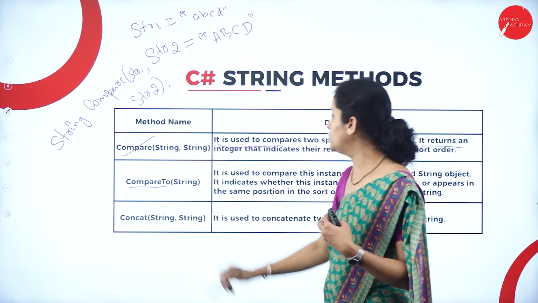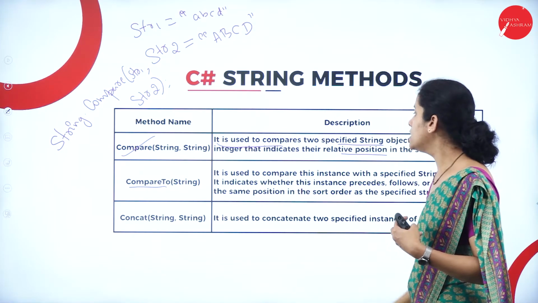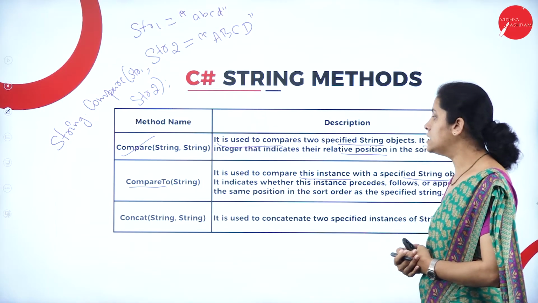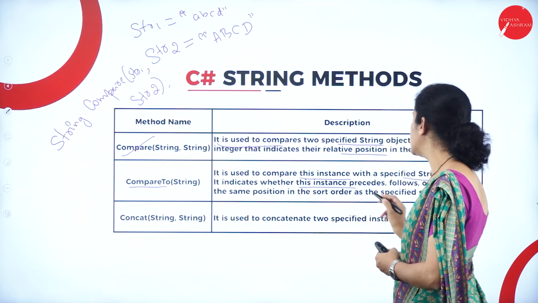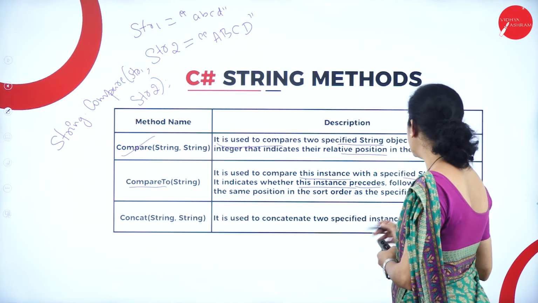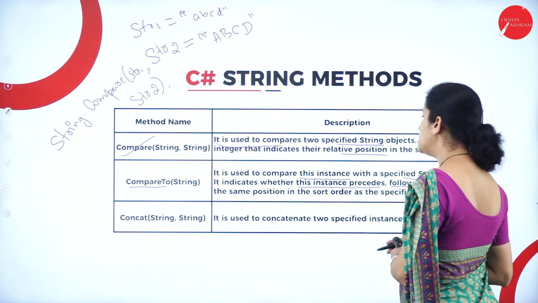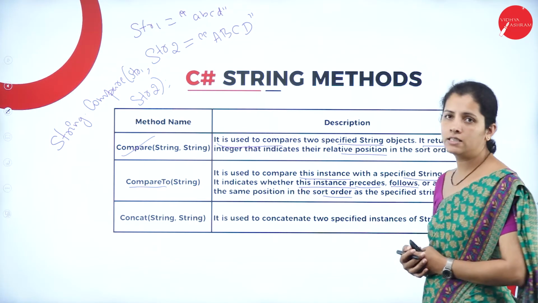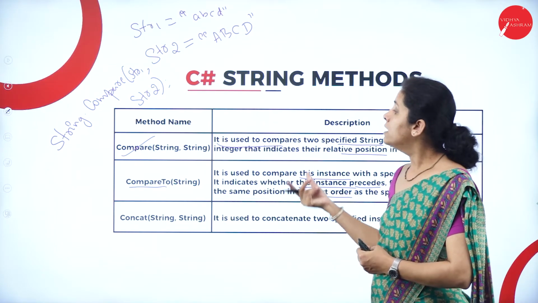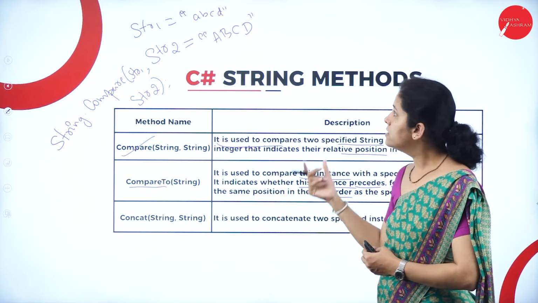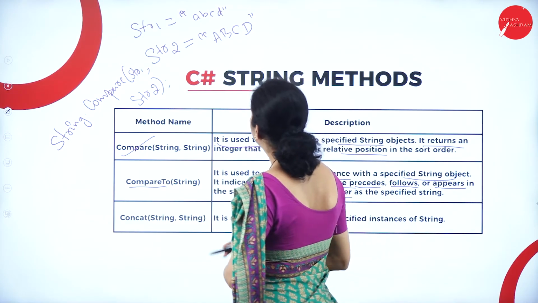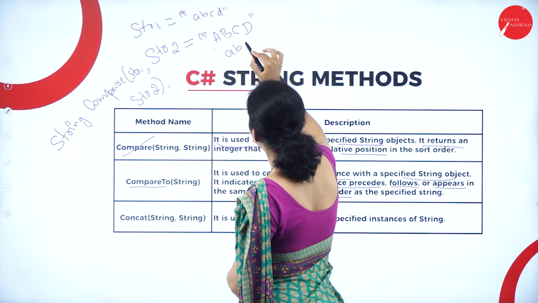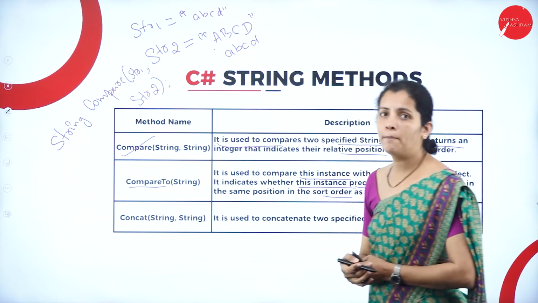Now CompareTo. It is used to compare this instance with the specified string object. This indicates whether this instance precedes, follows, or appears in the same position in the sorted order as the specified string. So dear student, for example, suppose I have ABCD and abcd and I'm going to compare.